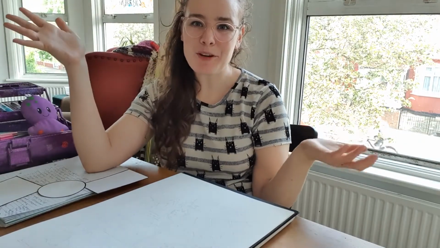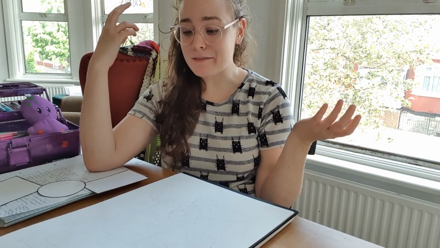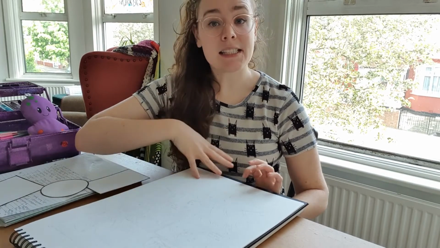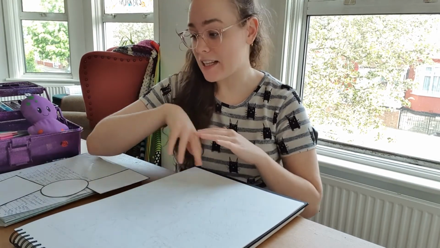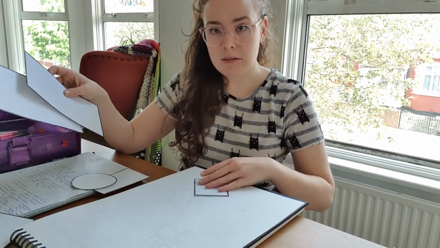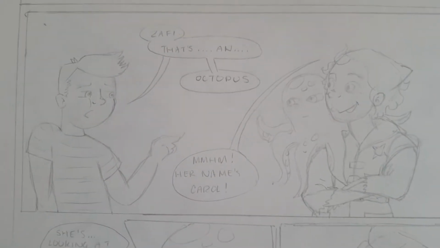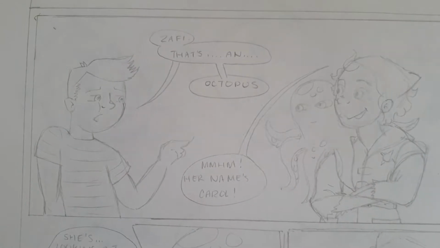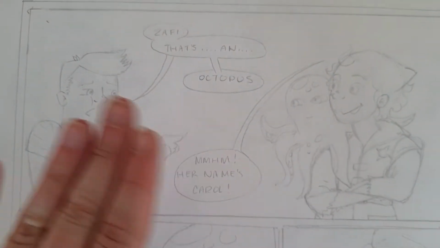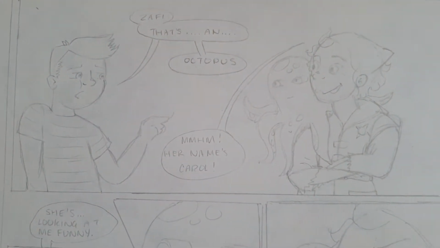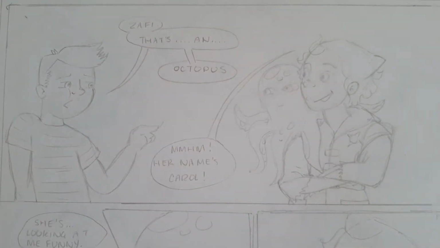Okay, so I've done a more detailed draft of my dialogue. I more or less stuck to the panels that I had laid out before, just added in some more detail. Now I realized I forgot to double check what Sam looks like, so that might change entirely, but that's just Sam for now.